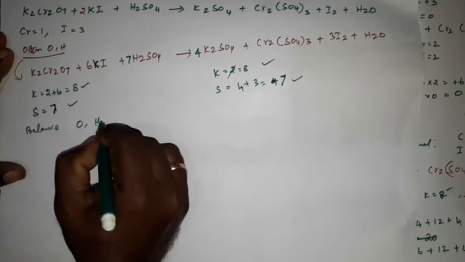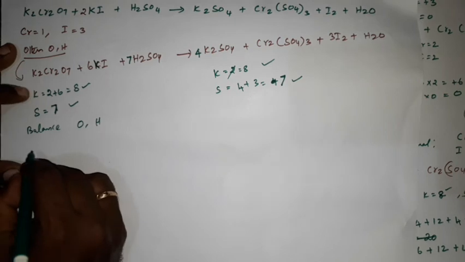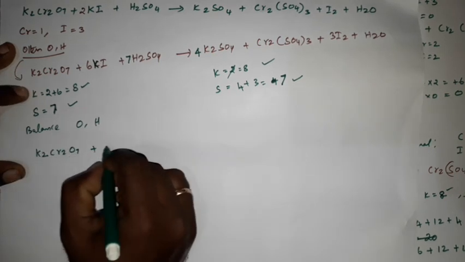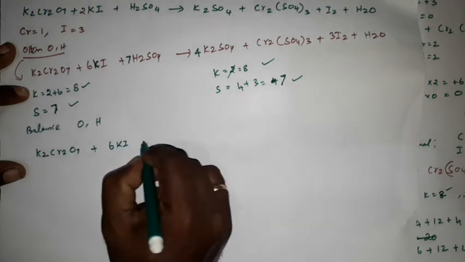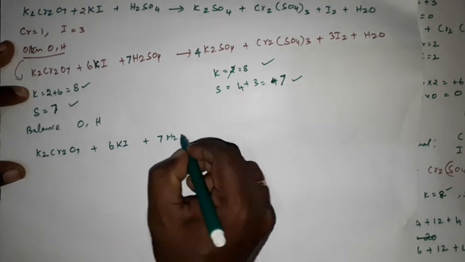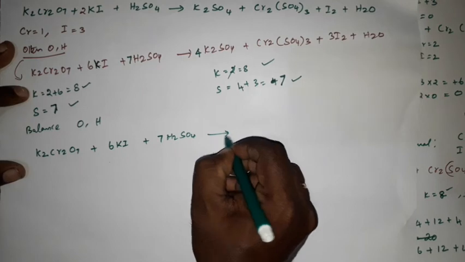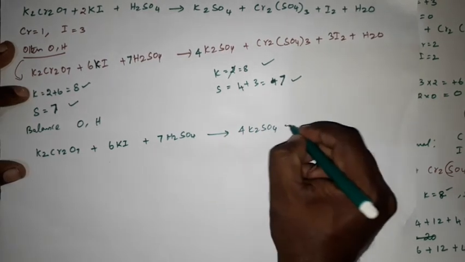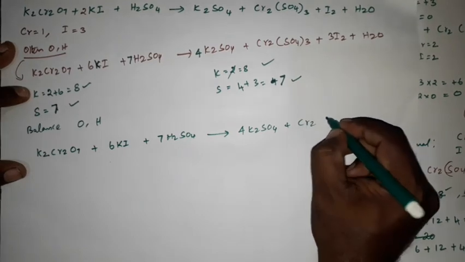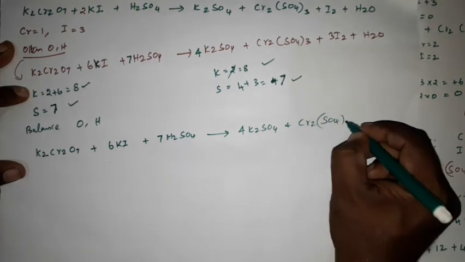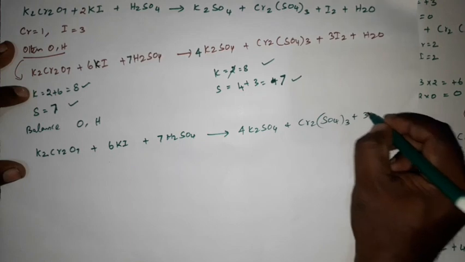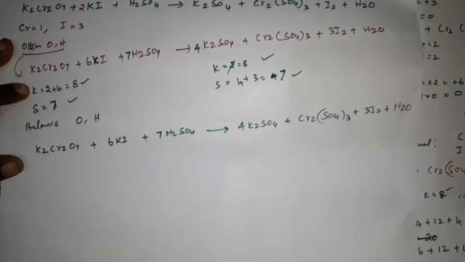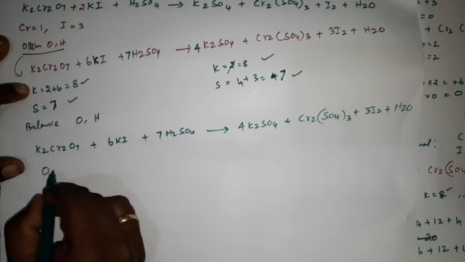oxygen and hydrogen. Okay, now I am writing the equation again. K2Cr2O7 plus 6KI plus 7H2SO4 gives 4K2SO4 plus Cr2(SO4)3 plus 3I2 plus H2O. Okay, now check oxygen and hydrogen.